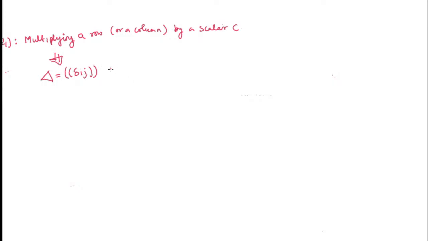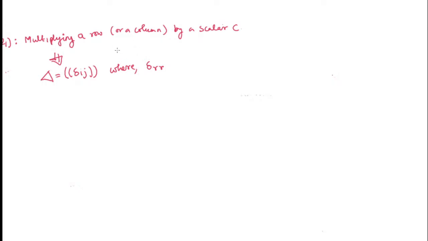This means multiplying a row or a column by a scalar C. This operation means if you pre-multiply by a matrix delta whose ijth element is delta ij, suppose I apply this operation on rth row.